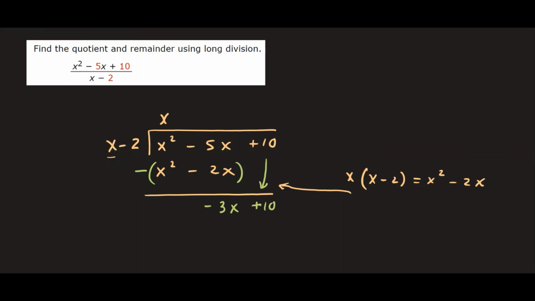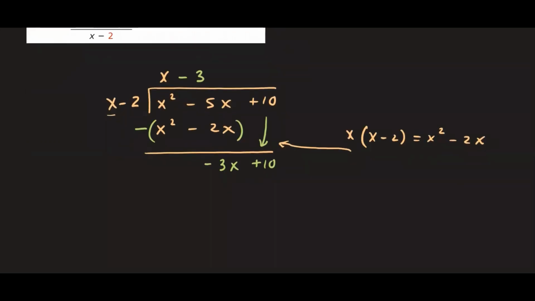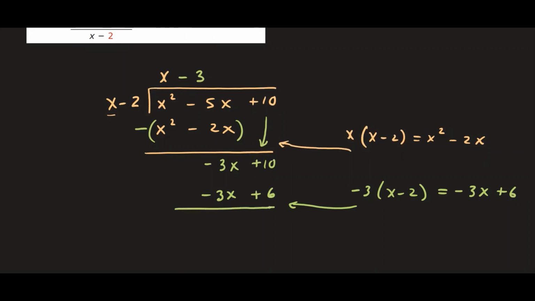So again, x times what will give us negative 3x? That would be negative 3. And then you multiply it with every term in the divisor, negative 3 times x minus 2, that would give us negative 3x plus 6. And that's what goes here underneath. So we have negative 3x plus 6, and now we subtract away everything.